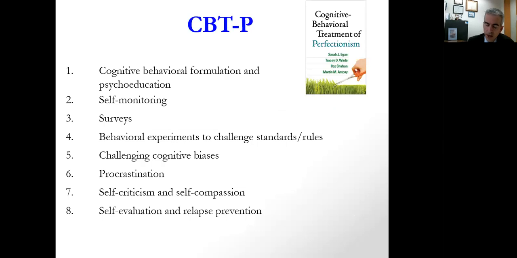We get them to monitor how often they are engaging in these perfectionistic or rigid behaviors. Surveys refers to having them ask questions to people that they respect at work or at school about how long it takes them to do things, or what steps they take when they research a paper or make a purchase.